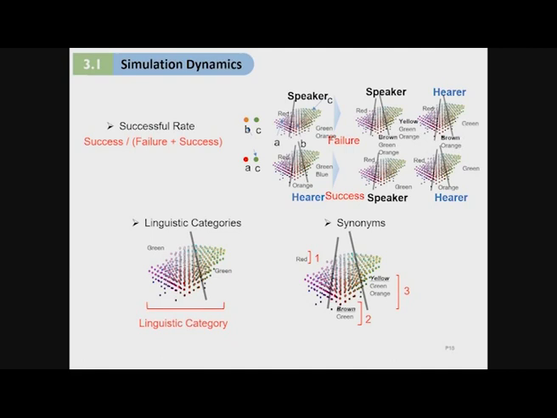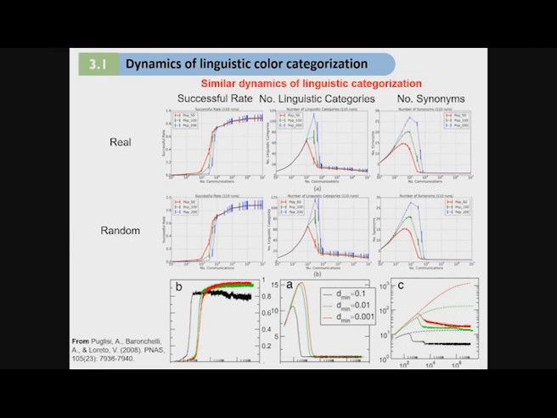Similarly, we propose several measures to trace the development of the communal language, like the success rate, the number of linguistic categories, and the number of synonyms. You will see that these are the curves tracing different population size results. In each case, we have 110 runs.